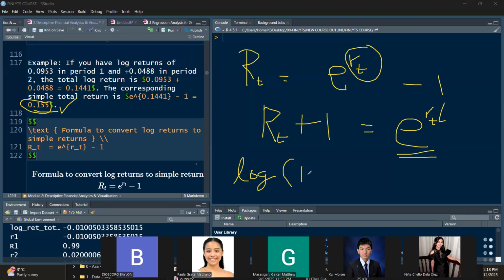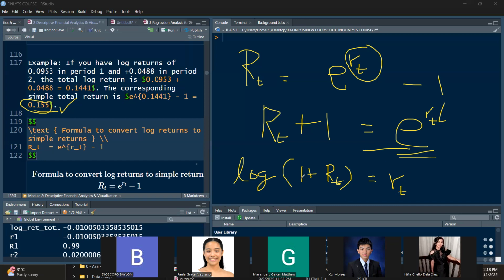Log of 1 plus r sub t, which is this one, is equal to log of this one. Now, the log of exponentiation is equal to the exponent, because these are inverse functions. Log of exp, so this cancels out. This becomes r sub t.